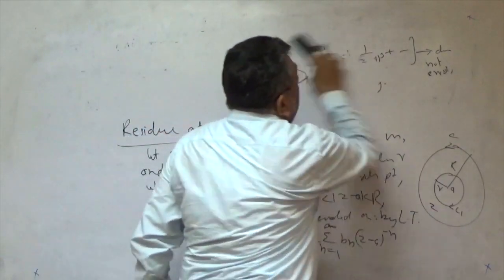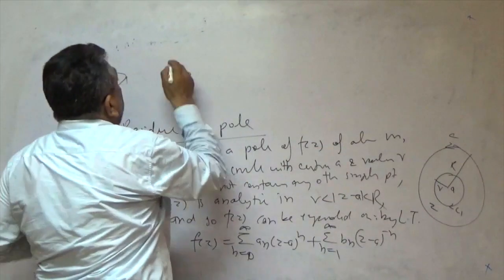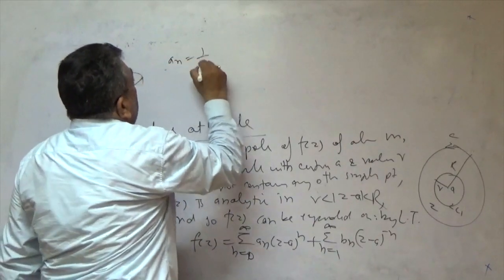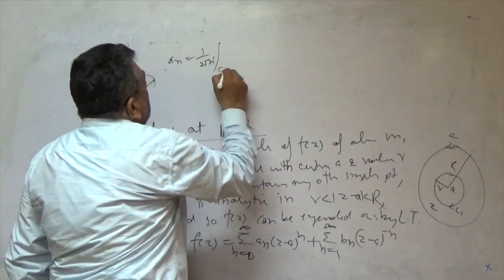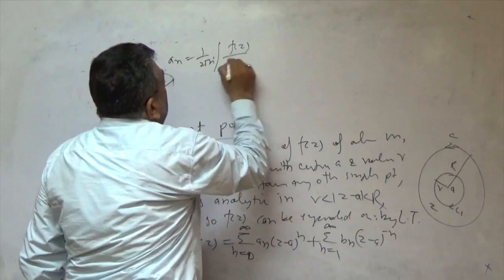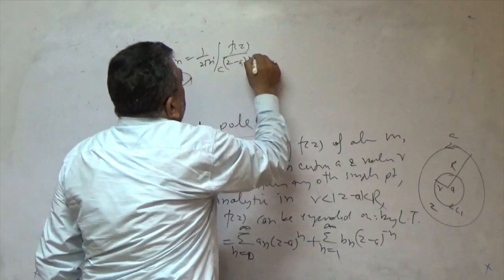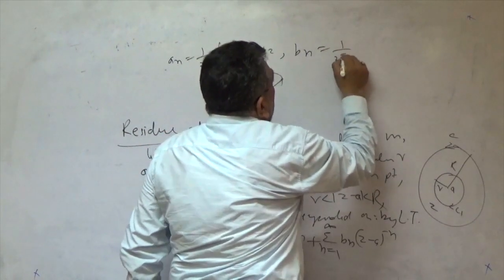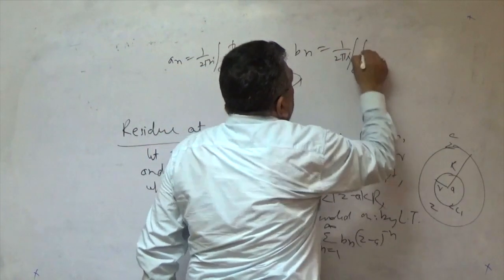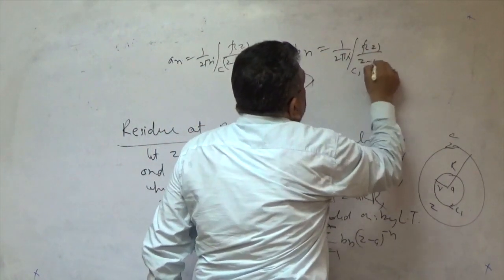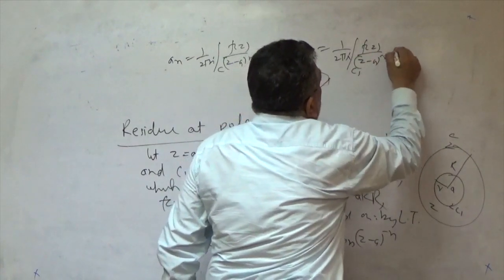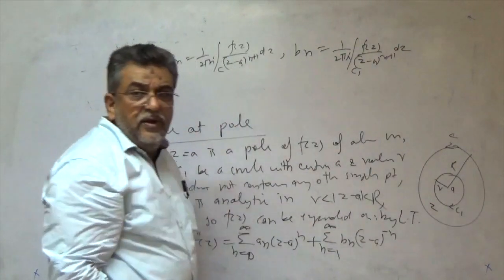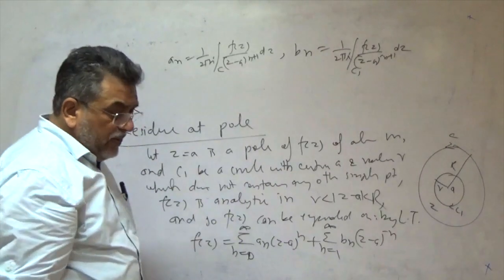Then you know that a_n is 1 upon 2 pi i times the integral over C of f(z) upon (z - a)^(n+1) dz, and b_n is equal to 1 upon 2 pi i times the integral over C1 of f(z) upon (z - a)^(-n+1) dz, in the principal part.